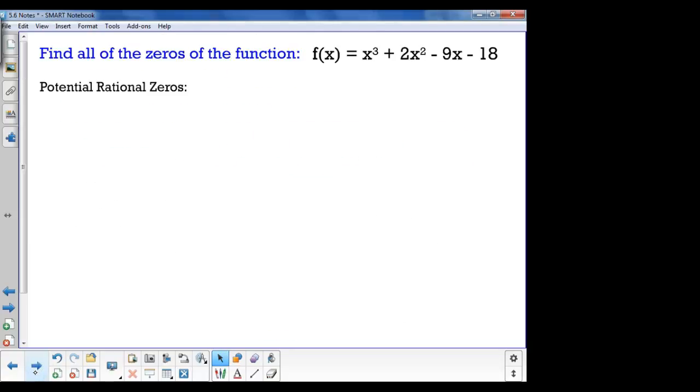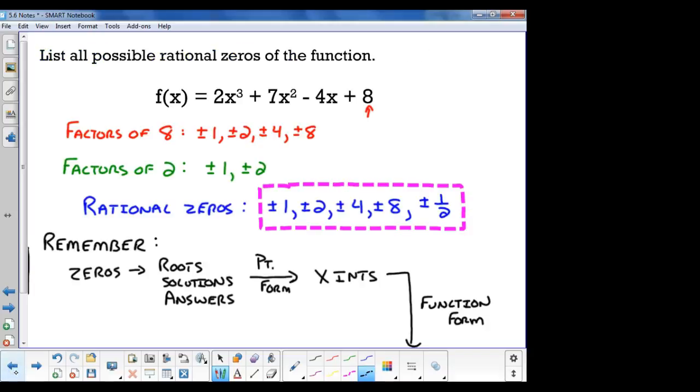I love it, okay? So, now here in this particular one, we're saying find all the zeros. On the previous slide, we said list all the possible rational zeros. Again, it's a different bus stop. Okay? This list was just that. It was a list here in blue.